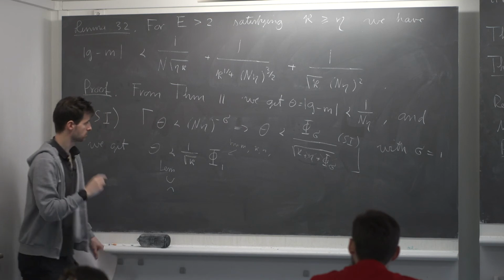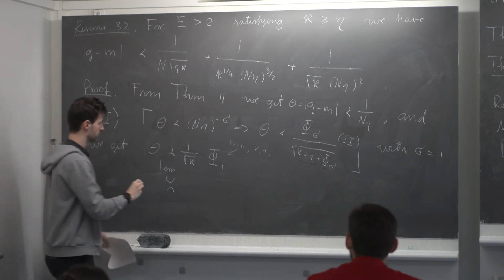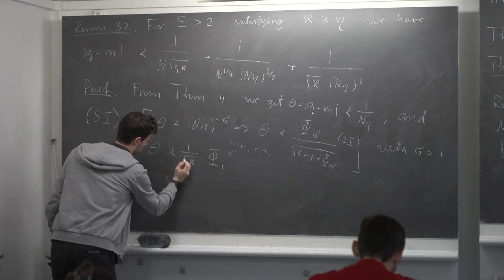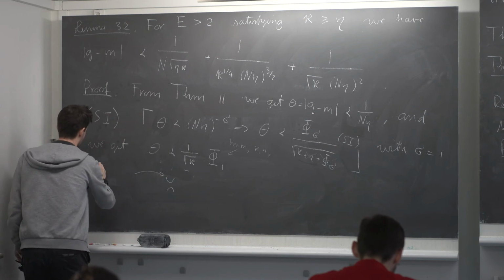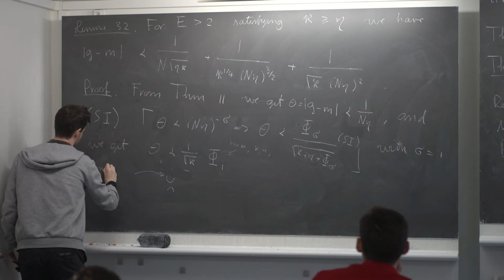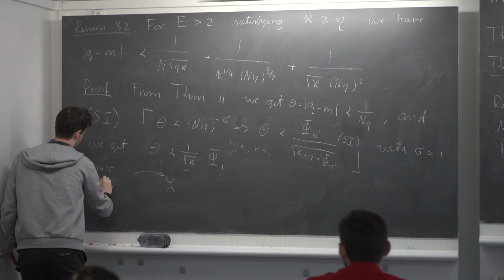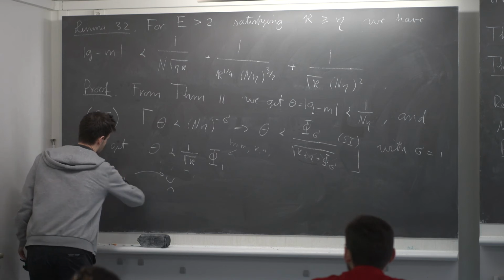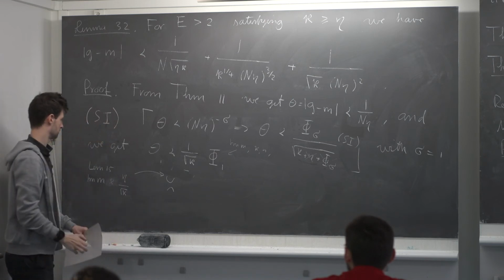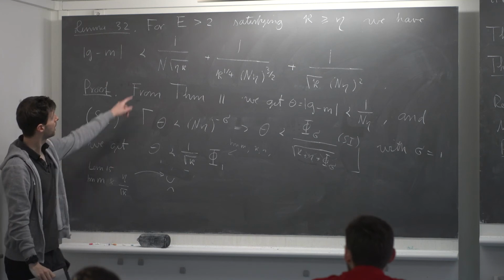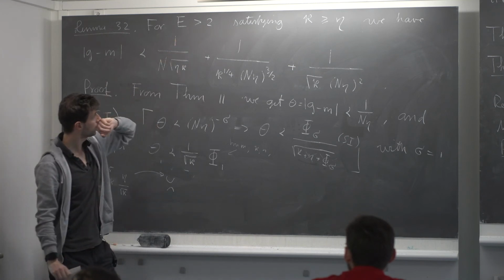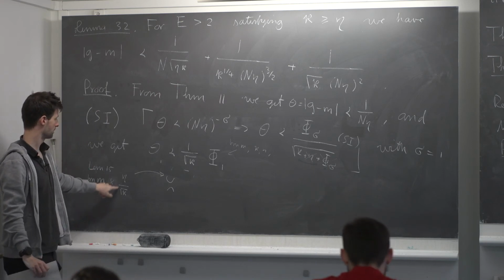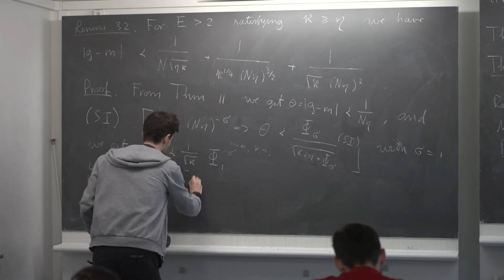And I will just use lemma 15, which says that the imaginary part of m is of order eta over square root of kappa in this regime. So I'm outside of the spectrum, and kappa is greater than or equal to eta, and therefore the imaginary part of m is of that order.